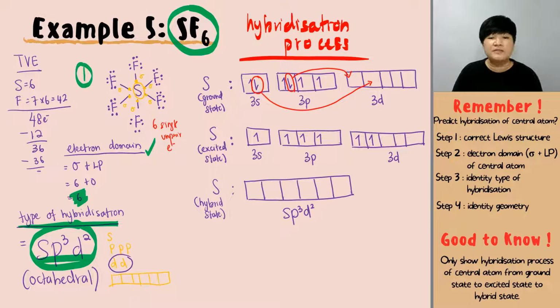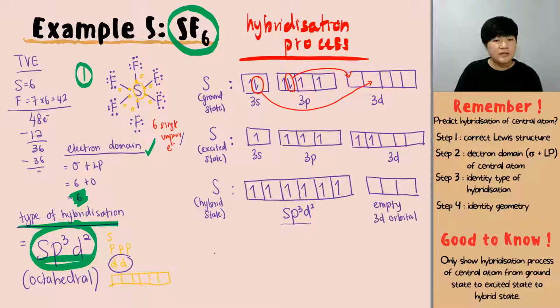When they start to mix up together, they will be named sp3d2, having a single electron in each and every one. So you have 6 single electrons for the 6 sigma bonds. And make sure you don't leave out the empty 3D orbital that is not used in this hybridization process.